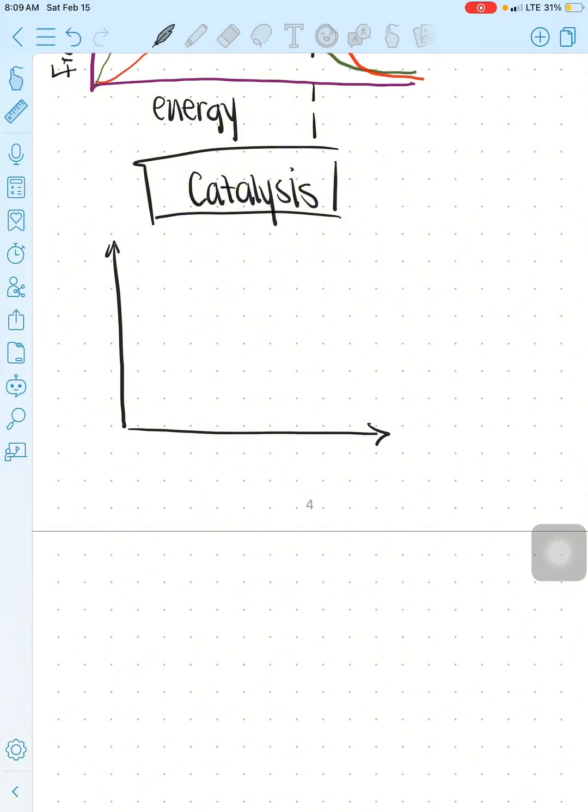Just to draw a normal one, I could do one from an exothermic reaction. So this is the one without a catalyst. It takes the full energy that it needs.